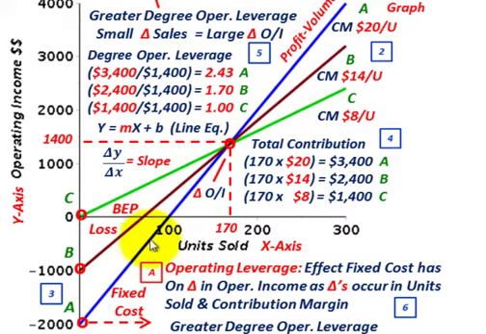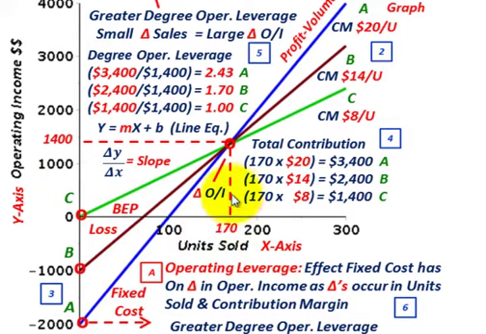Now, first off, let's get our definition. Operating leverage is really the effect that the fixed costs for each of those alternatives have on changes in our operating income, based on the number of units that we sell.